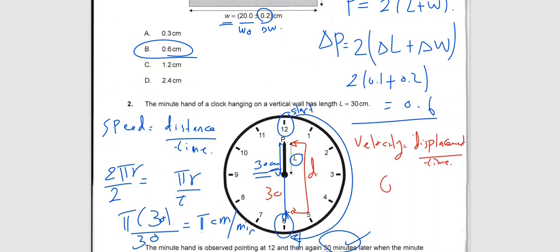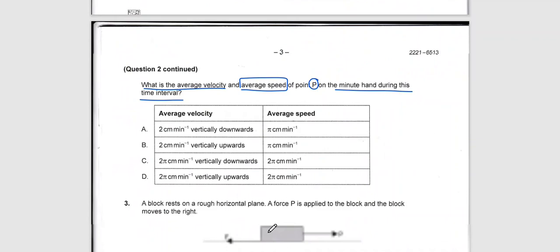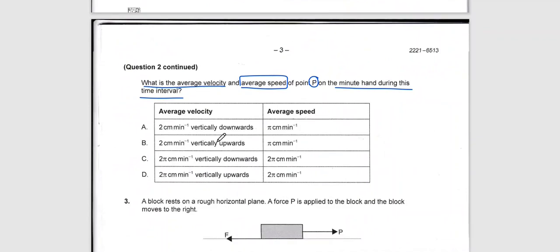Displacement will be 60 divided by 30. This will give us 2 centimeter per minute. So the correct answer is A, velocity 2 centimeter per minute, and the average speed 5 centimeter per minute.